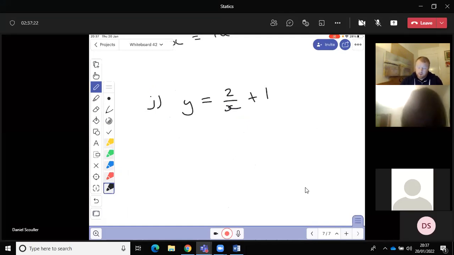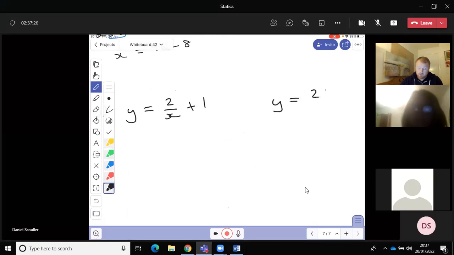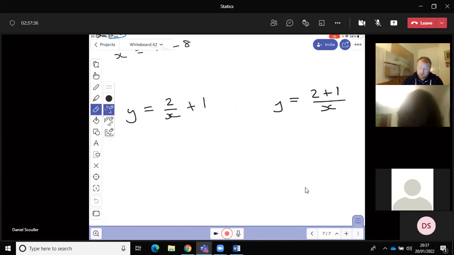Now remember, that is not the same as y equals 2 plus 1 over x. They are different, so we need to treat them differently. This time x is only dividing the 2. So only that number 2 has been divided by the x on the right hand side.